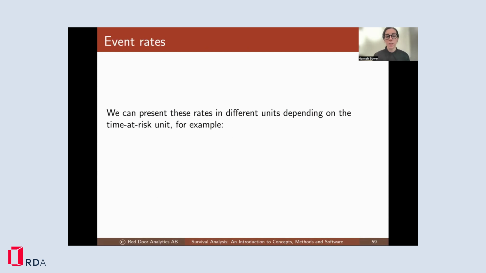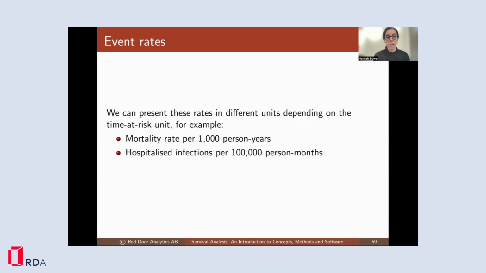We can present rates in different units depending on the time at risk unit. For example, you may have a mortality rate per 1,000 person years. You may have a hospitalized infections rate per 100,000 person months. There are two aspects to think about when we talk about the unit here. We have the time unit: are we looking at years, months, or days?